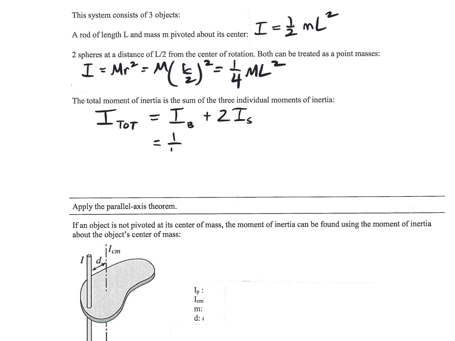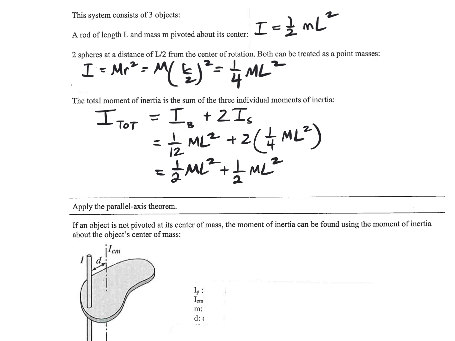Inertia of the bar we found was 1/12 mL squared. And this we found was 1/4 mL squared. So we have 1/12 mL squared plus 1/2 mL squared, which is what? 6/12? So this becomes 6 over 12. So this ends up as 7 over 12 mL squared. And that's the total inertia for that system.